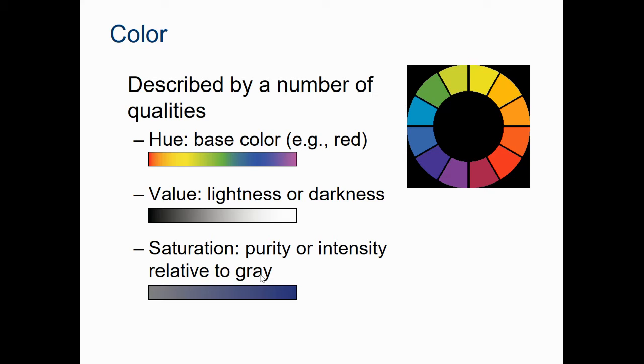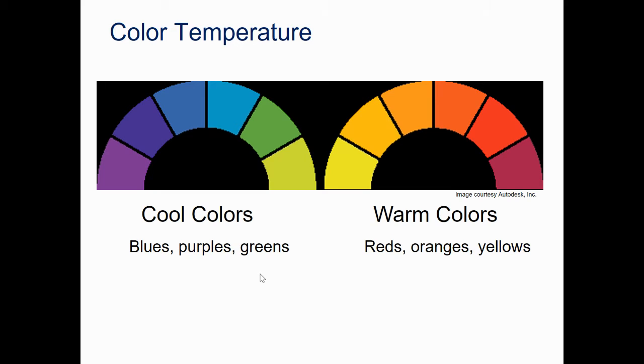You usually have this box over to the left that you can drag left or right for value and up or down for saturation. You've also got things like color temperature to think about, warm colors, cool colors. What does that make you feel when you use colors like that? Why would I tend to use reds and oranges versus blues and greens?